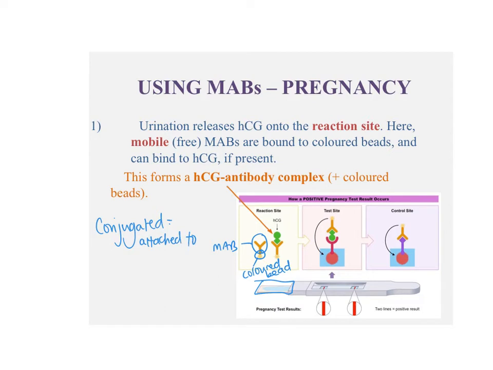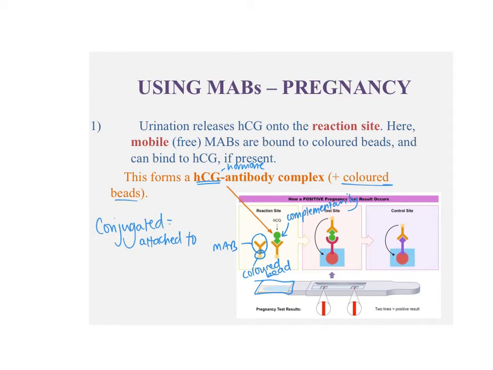Now, when we've got a woman who's pregnant and she urinates on this strip, that HCG is going to bind complementarily to that monoclonal antibody, and it's going to form a HCG, the hormone, antibody complex with the coloured bead attached to it.